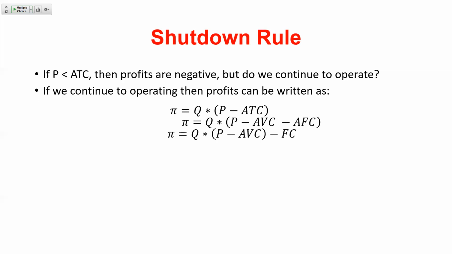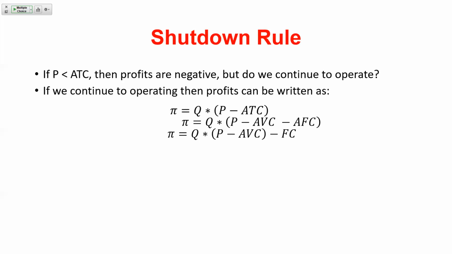If I decide to stay open, the only way I can get my profits closer to 0, because I'm at a negative value when quantity is 0, is if this difference is positive, because then it would add a positive value to my profit equation. My new profits would be slightly above that negative fixed cost.